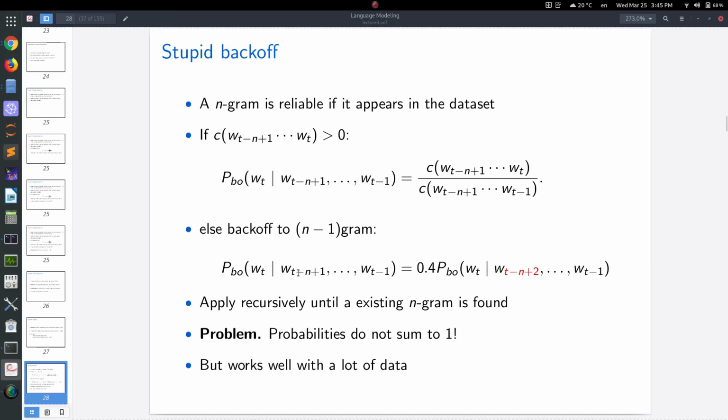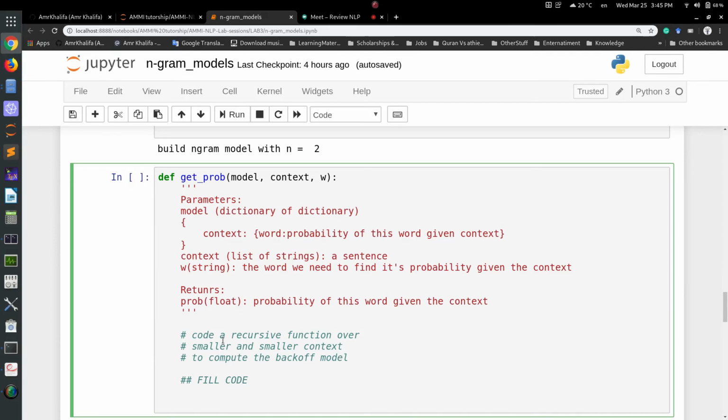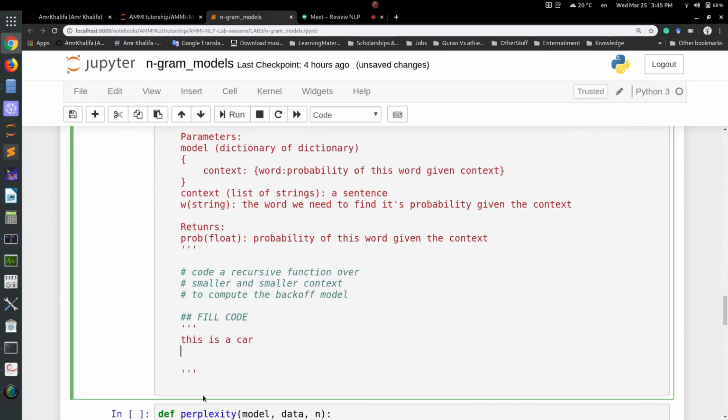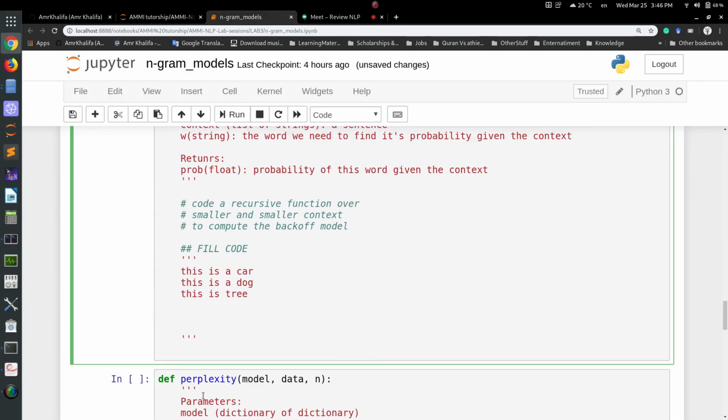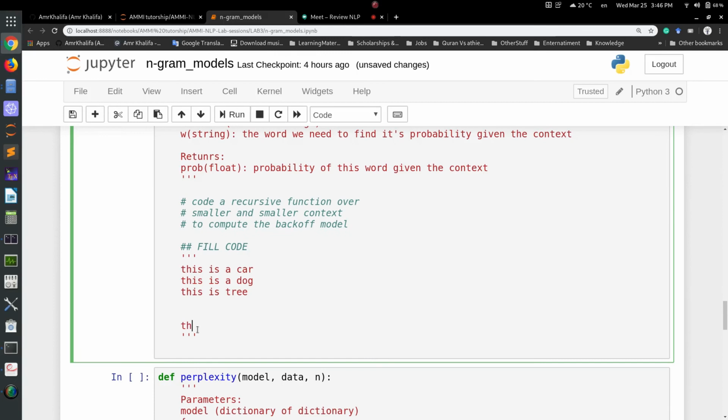Let me explain to you with an example. Suppose we have the same data we used before. This is a car, this is a dog, and this is a tree. Suppose we have something like this, and we need to estimate the probability of, let's say, tree given a context.